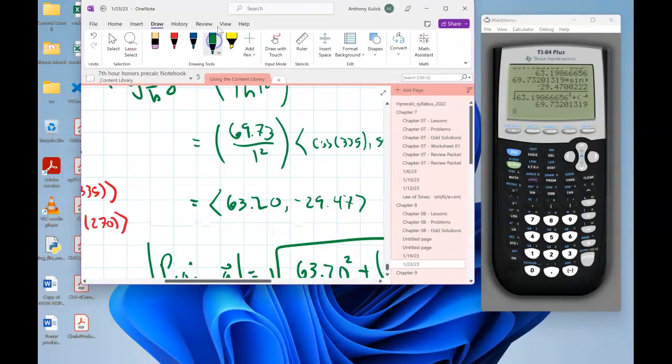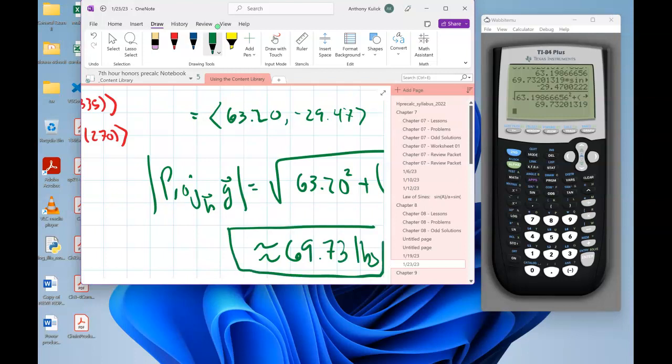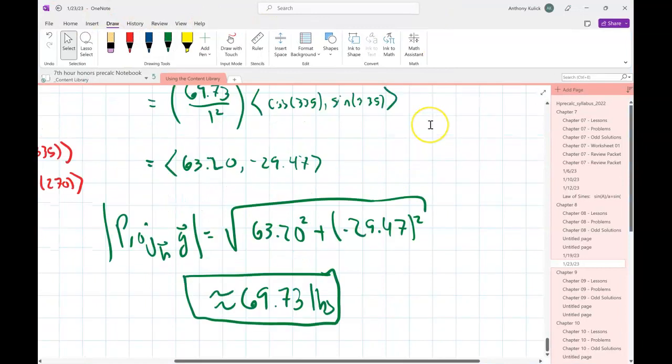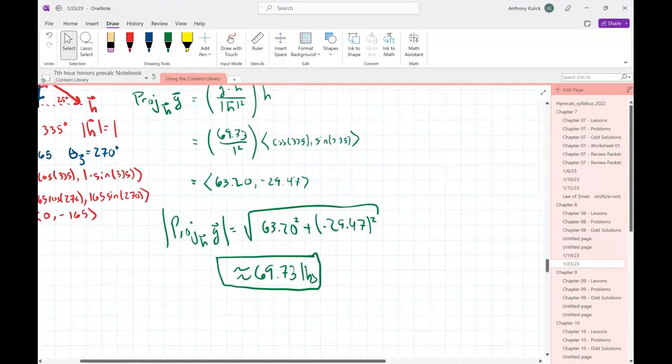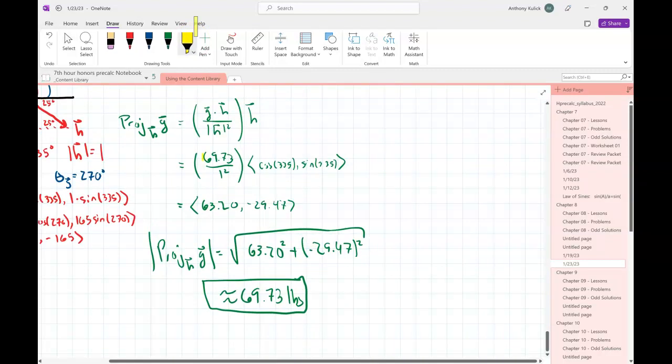Wait a second. That number looked familiar. Didn't we see that number pop up earlier, 6973? Where did that happen already? Happened right there. It was just the dot product of G and H. Wait a second.